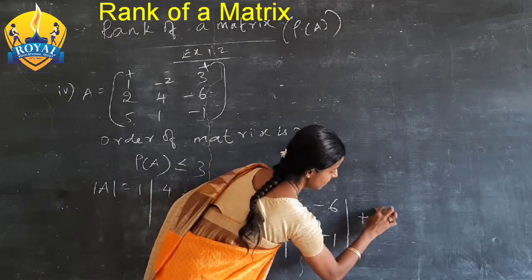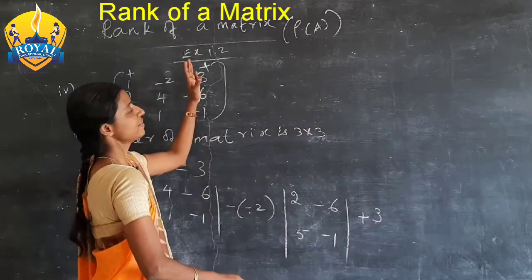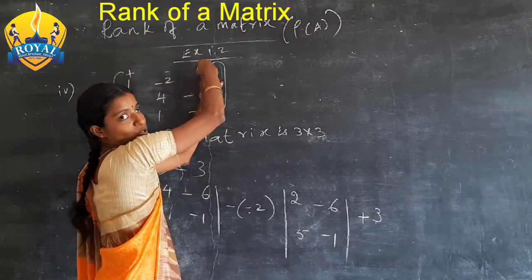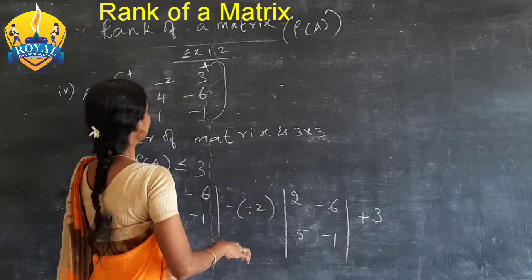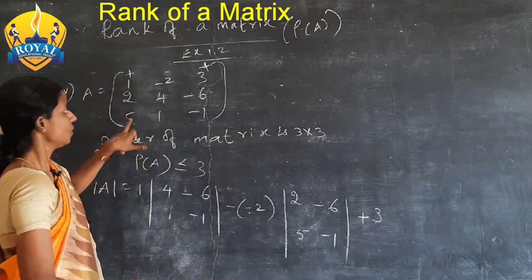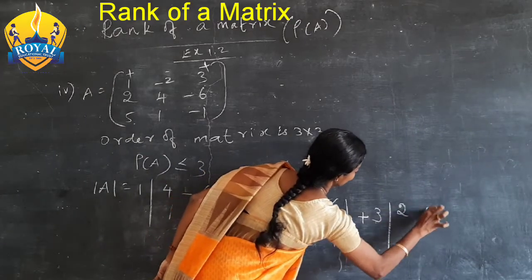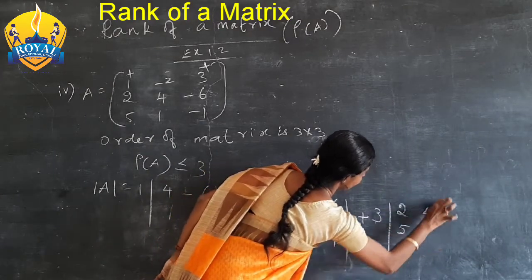If I take 3, deleting the corresponding column and row, my remaining entries will be 2, 4, 5, 1. So the determinant of 2, 4, 5, 1.